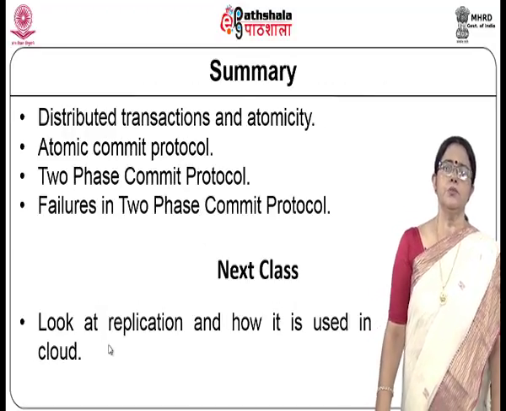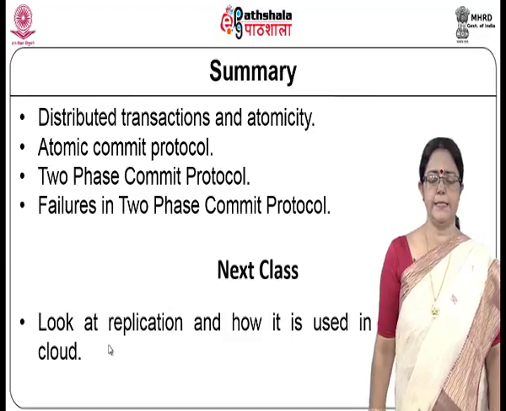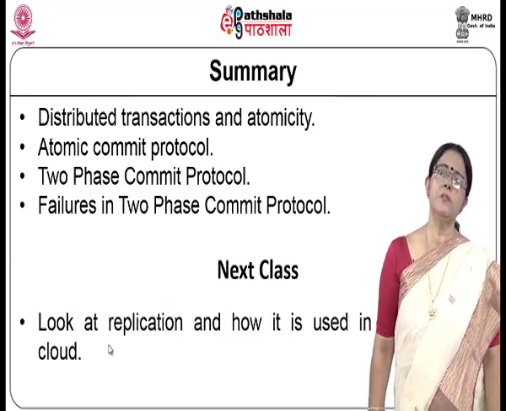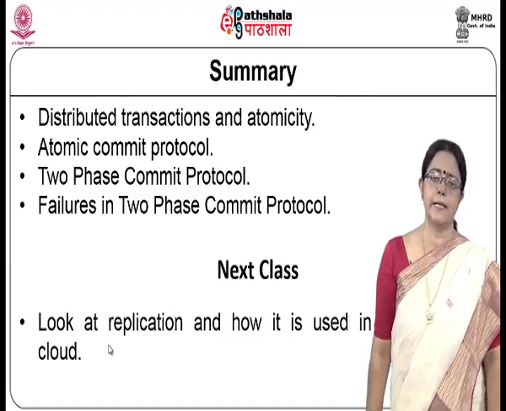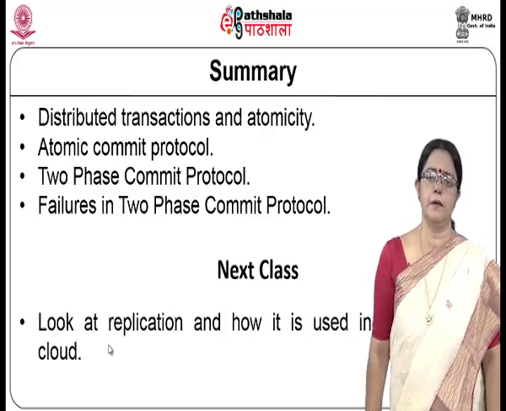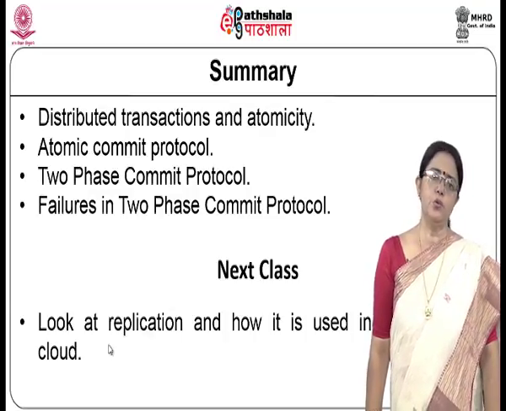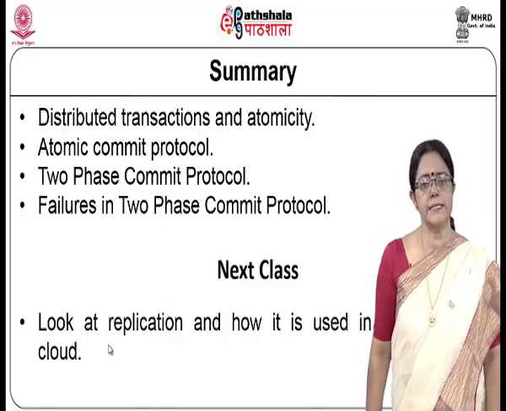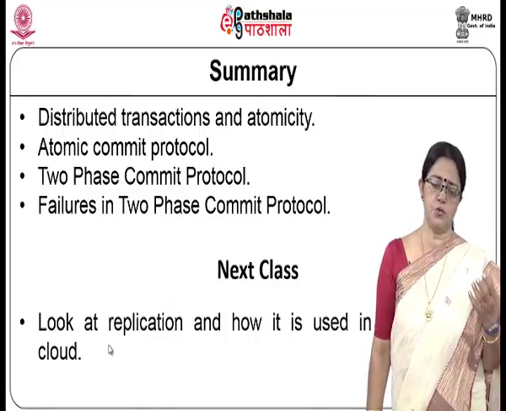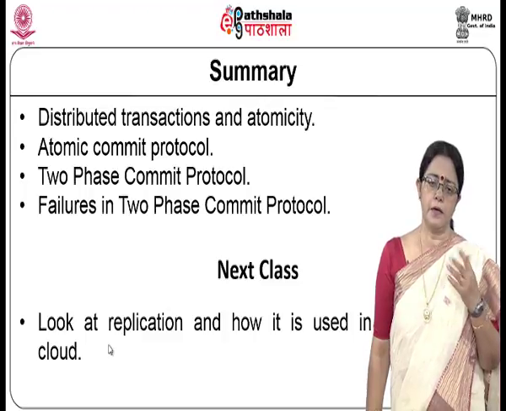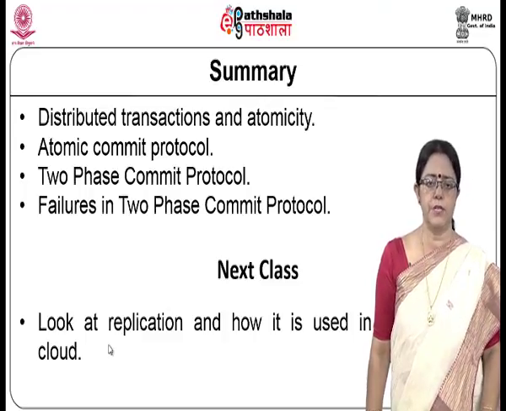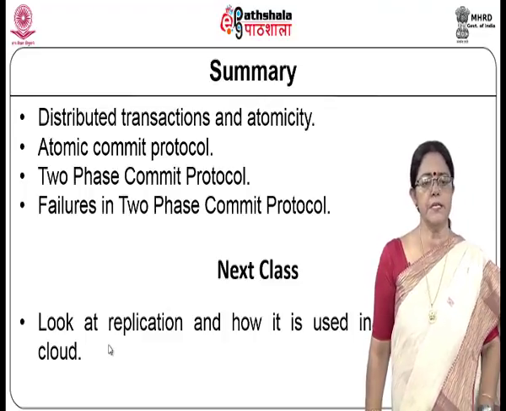So, to summarize today's lecture, we looked at distributed transactions and the atomicity property, and then we looked at an atomic protocol. A generally atomic protocol is to have a coordinator and let the coordinator coordinate with the servers.